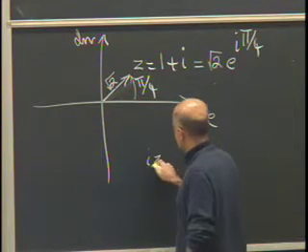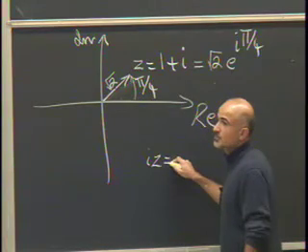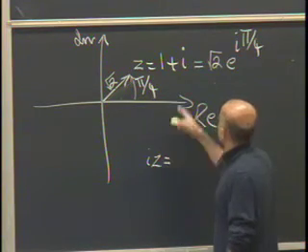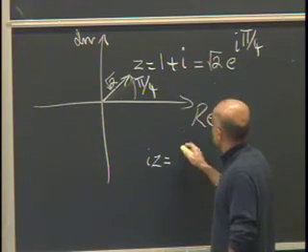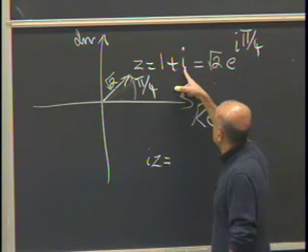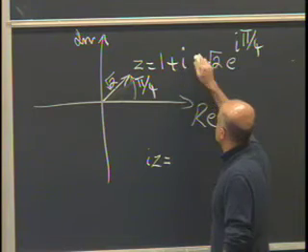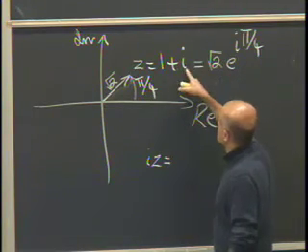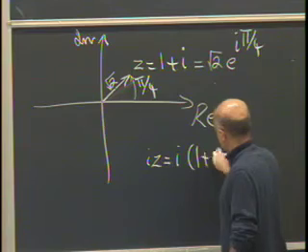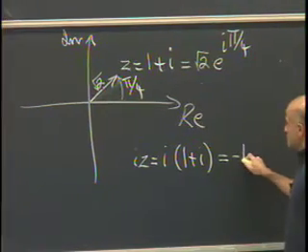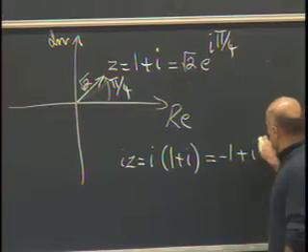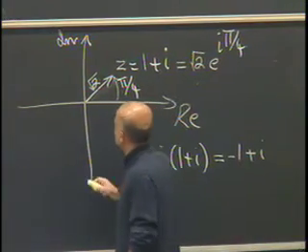So Iz is what? Give it to me in Cartesian first. No, you're still converting to exponentials. I want you to multiply I and 1 plus I. Negative 1 plus I. Okay? How do I draw that?